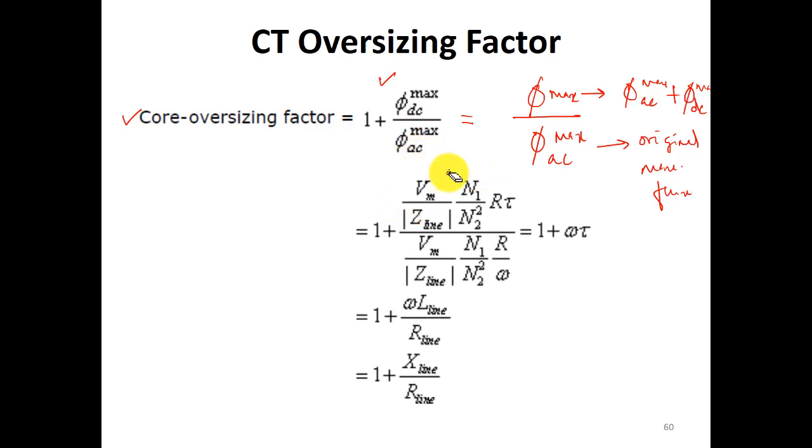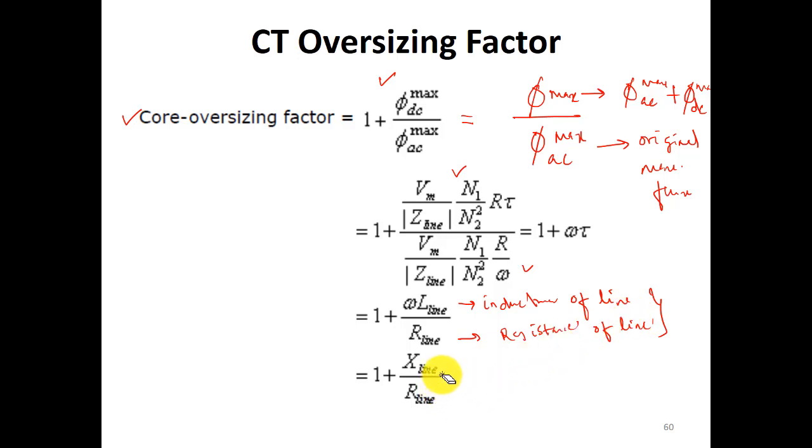Just by substituting the phi DC max expression and the phi AC max expression, we'll find 1 plus omega tau. And by substituting tau, we'll find 1 plus omega L line by R line. L line is the inductance of the total line length, and R line is the resistance of the line, for the total line length.